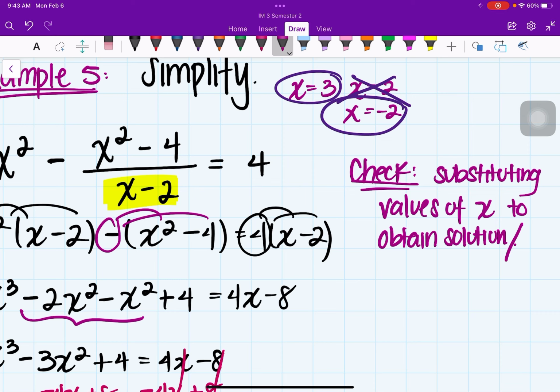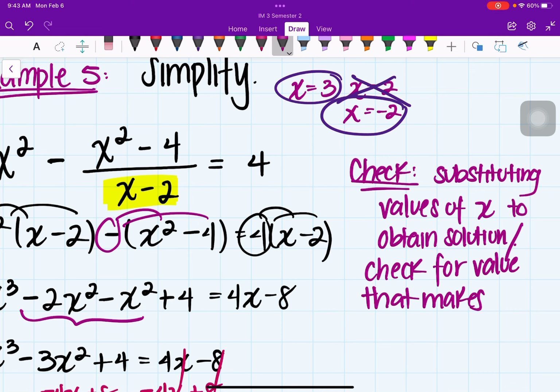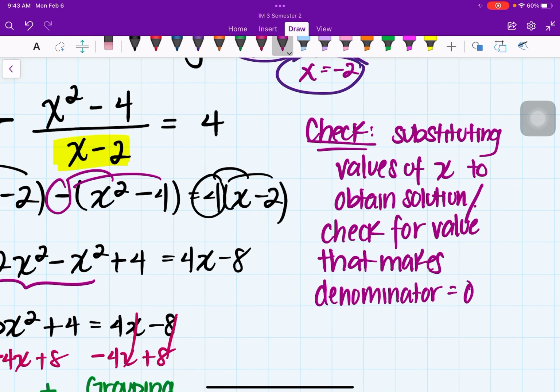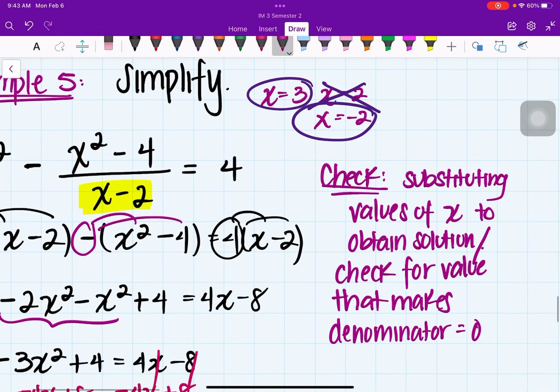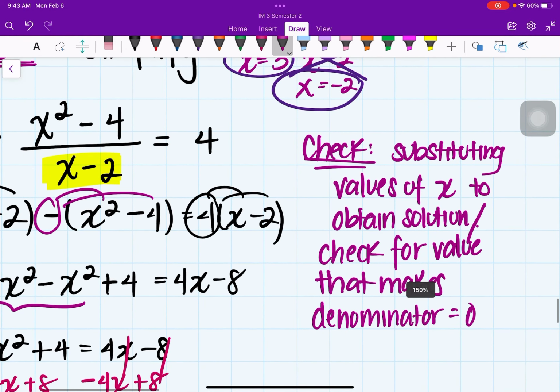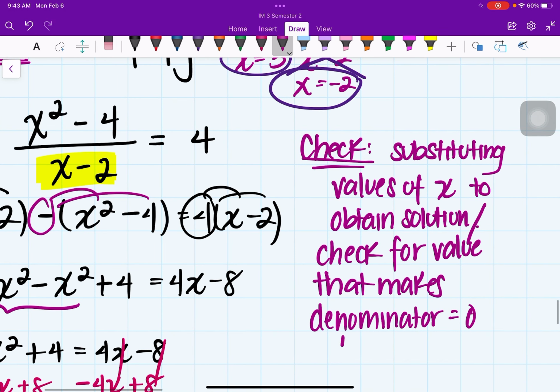Or we could say in this case, check for a value that makes the denominator equal to 0, and that would not be a solution. So if we check for a number that makes the denominator equal to 0, then that would not be a solution.